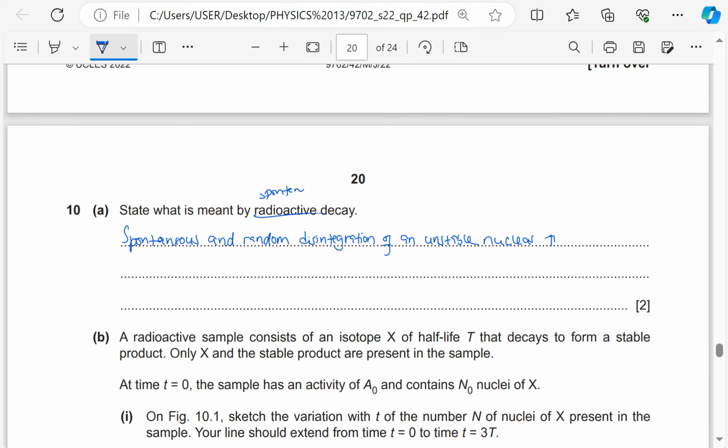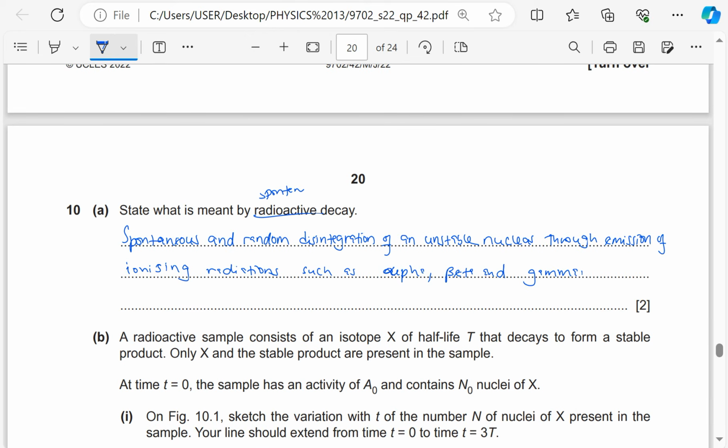Of course, this is through the emission of ionizing radiations, such as alpha, beta, and gamma.